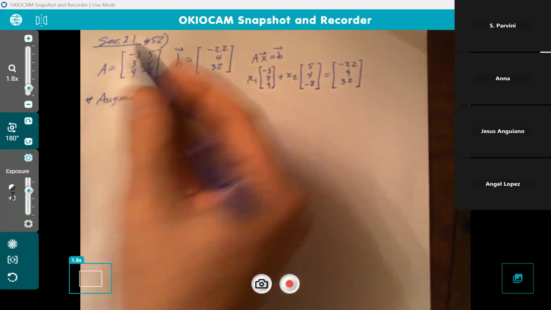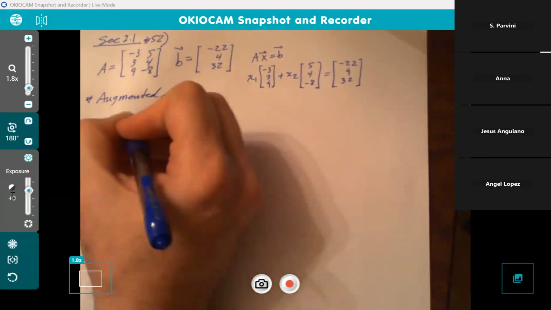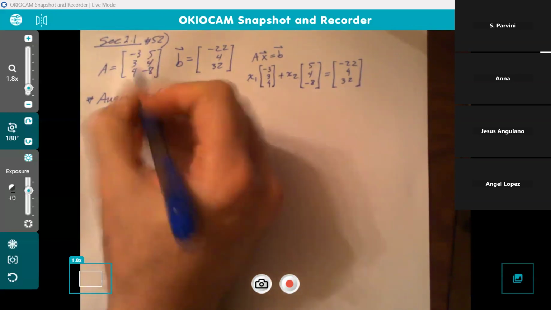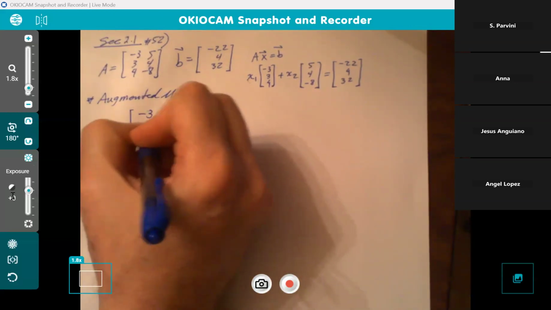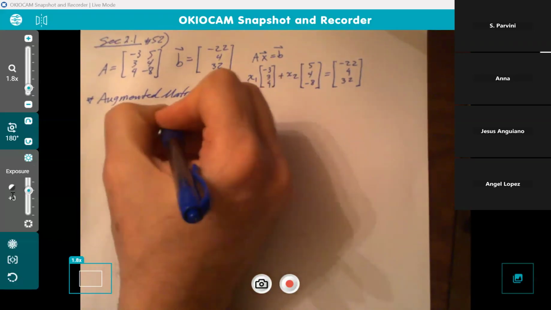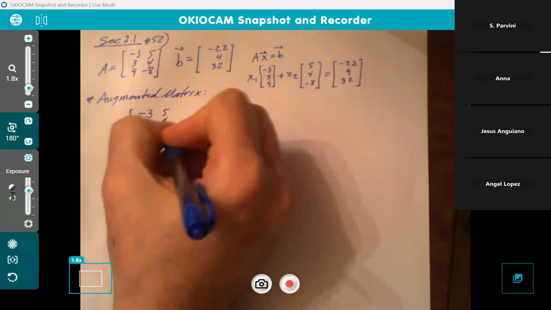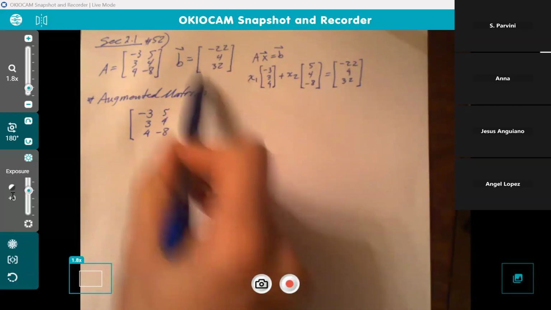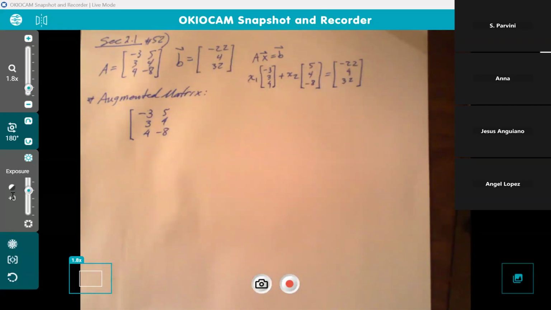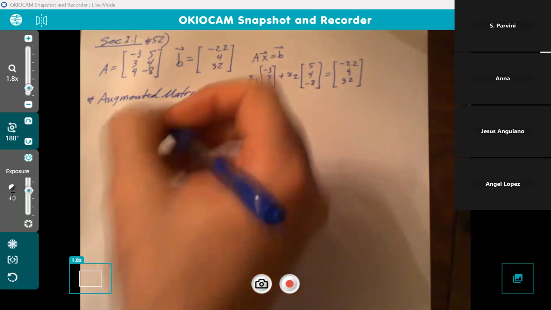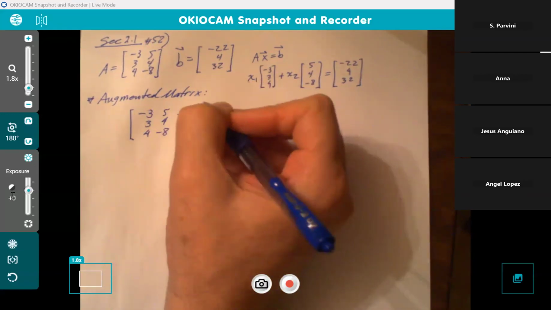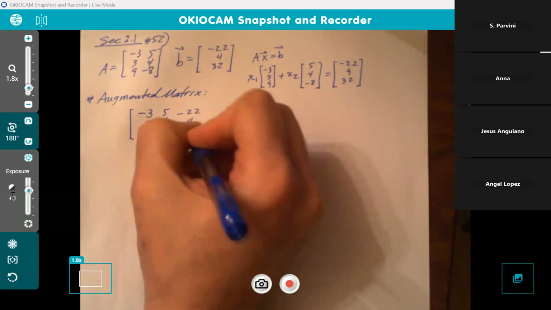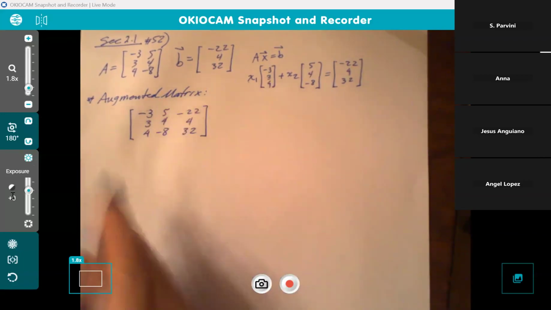Remember, it's going to have all the elements of A in it, right? So it's going to be -3, 3, 4, 5, 4, -8. And then we're going to augment it with the constants, the B's. And that's going to be -22, 4, and 32. That's what we call the augmented matrix.